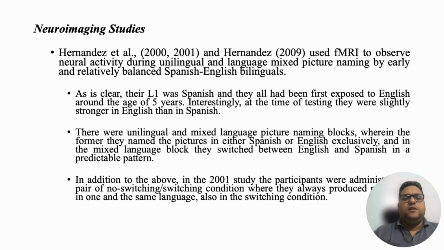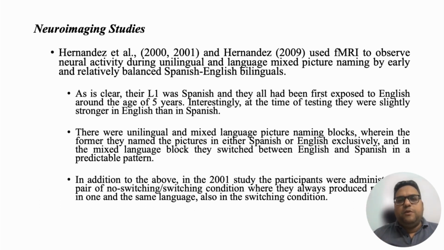As is clear, their L1 was Spanish and they had all been first exposed to English at a very early age, but at the time of testing, they were slightly more dominant in English than in Spanish. These tasks included unilingual and mixed-language picture naming blocks, wherein in the former they named pictures exclusively in either Spanish or English, and in the latter they switched between English and Spanish in a predictable manner: Spanish, English, and so on.